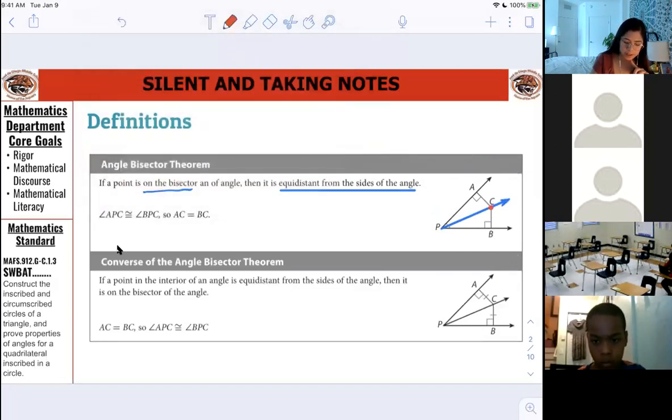And what it's telling us is that point C is equidistant from the sides of this angle. And when you have an equidistant, when you connect point C with line segment PB and line segment PA, what kind of angle does it create?